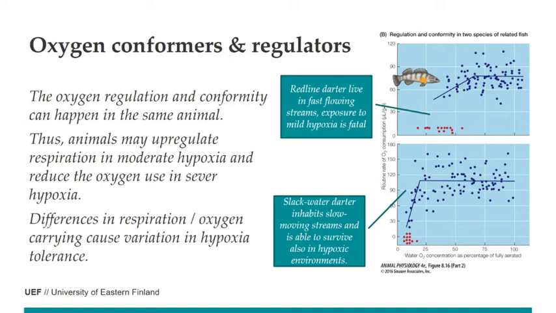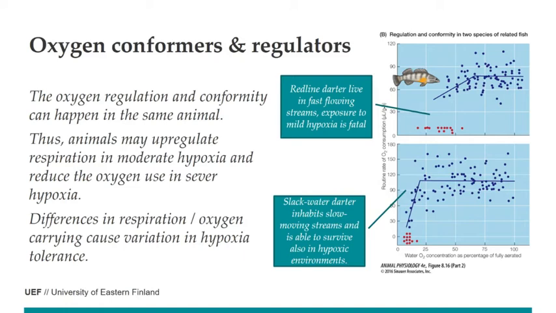So even before there's 50% of the normal, they can't tolerate it anymore, so they are reducing the oxygen consumption. Whereas this other animal is actually tolerating 20% of the normal oxygen concentration in the aquatic environment quite well before dropping the oxygen consumption.